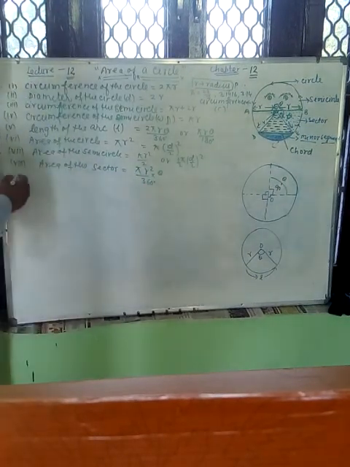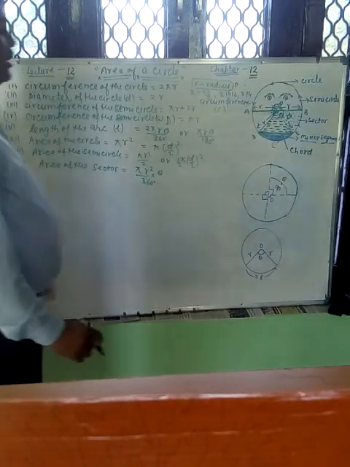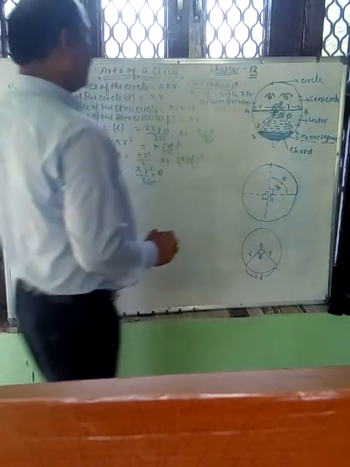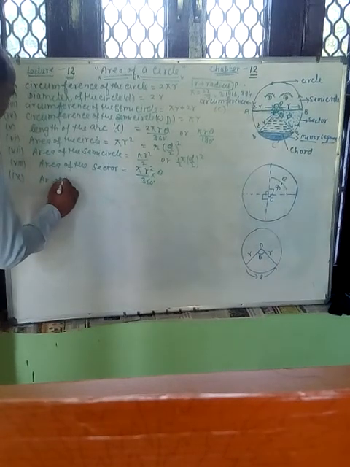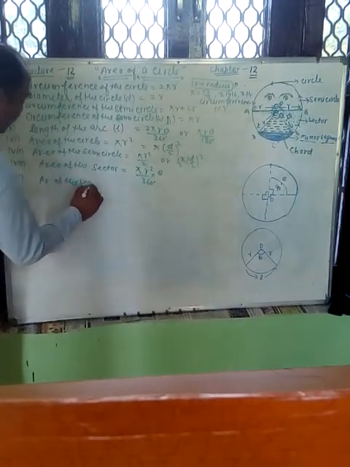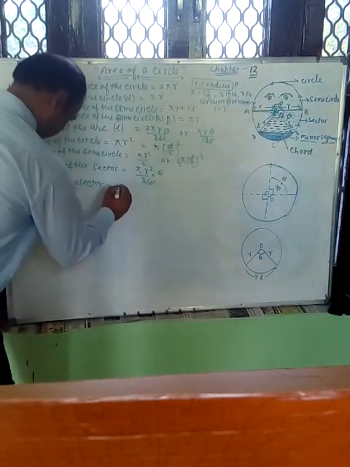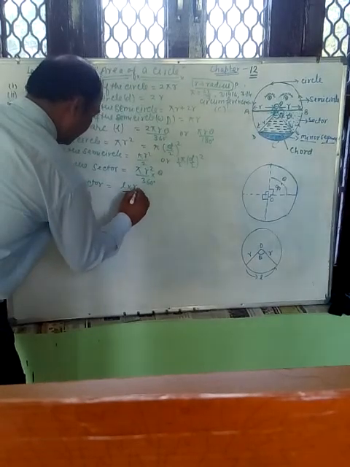Now the next formula is area of the sector, this sector, is equals to L into R upon 2.